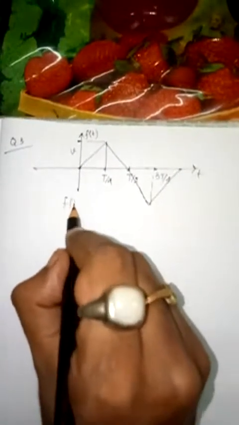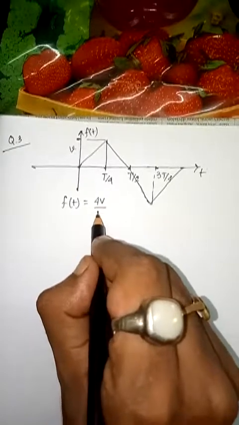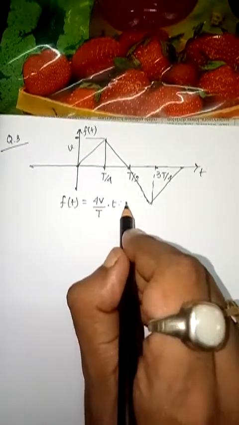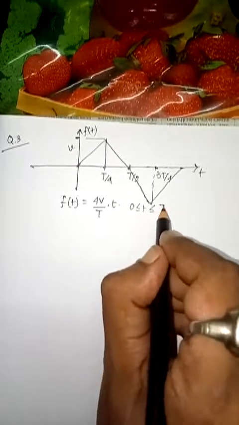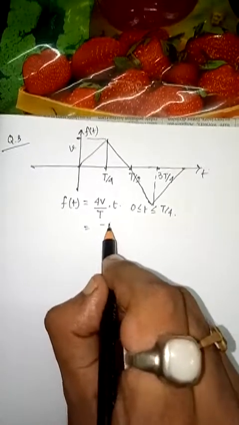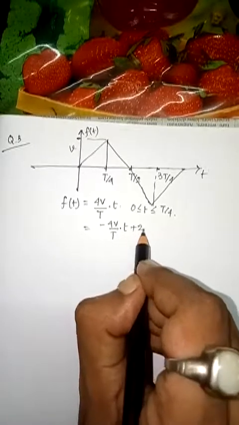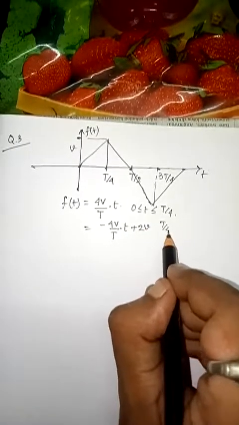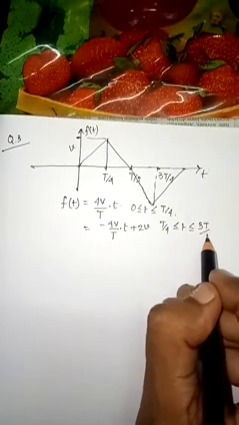f(t) equals 4V by capital T into t, when t is ranging up to T by 4, and it is obviously minus 4V by T into t plus 2V for T by 4 to 3T by 4.